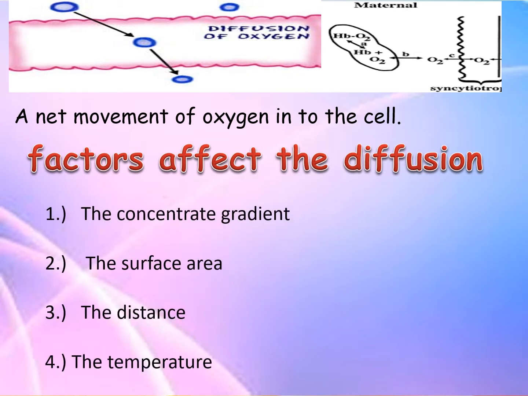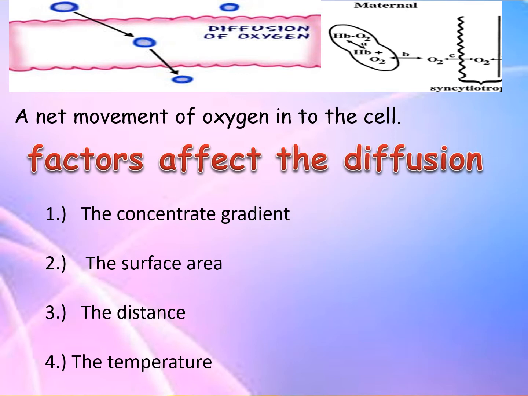There are four factors. Number one, the concentration gradient. Diffusion happens more quickly when there is a steep concentration gradient. Number two, the surface area. A larger surface area in proportion to the volume will increase the rate.